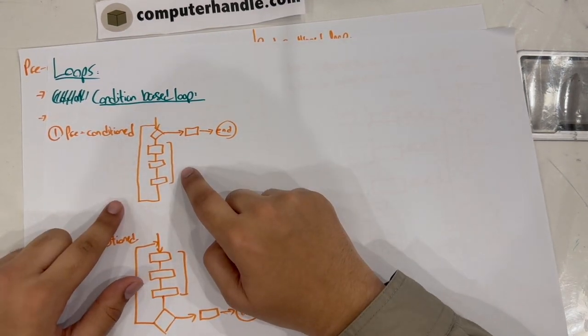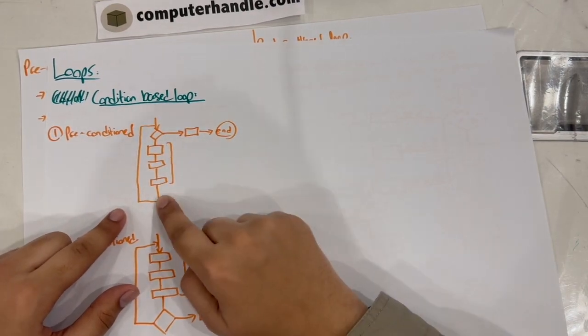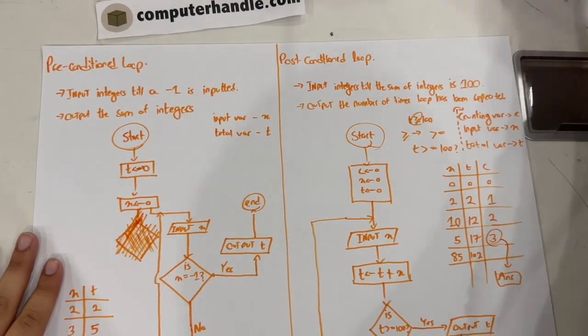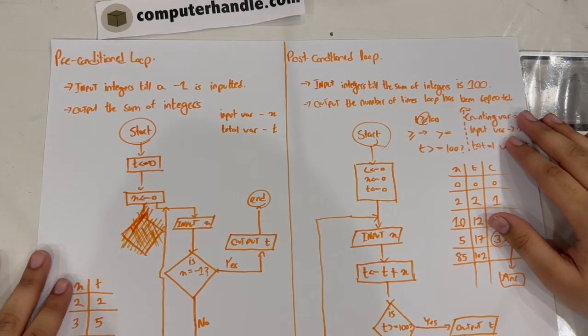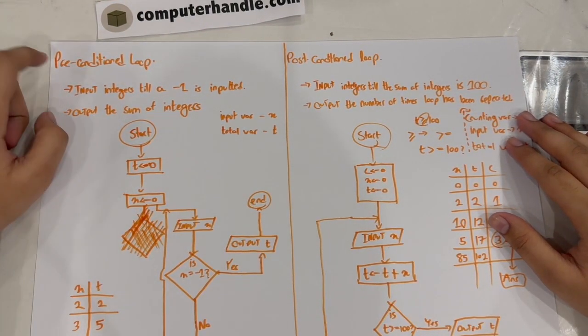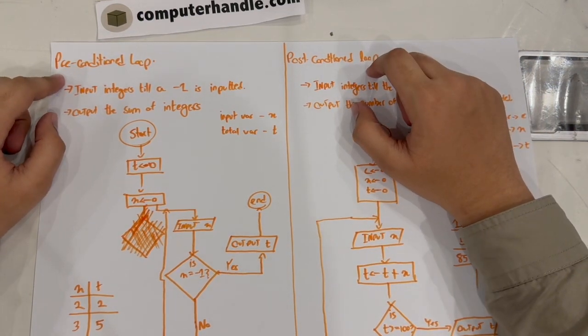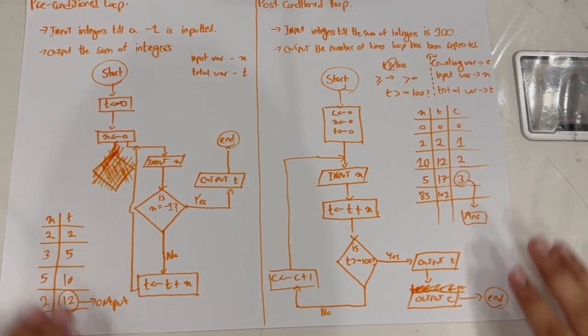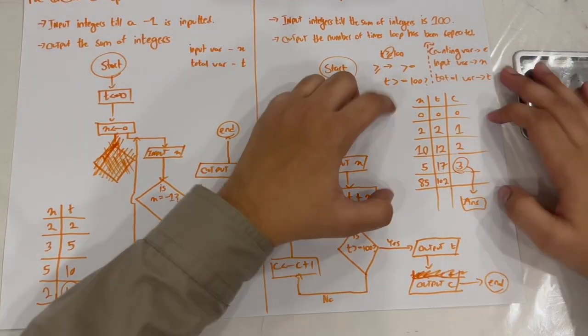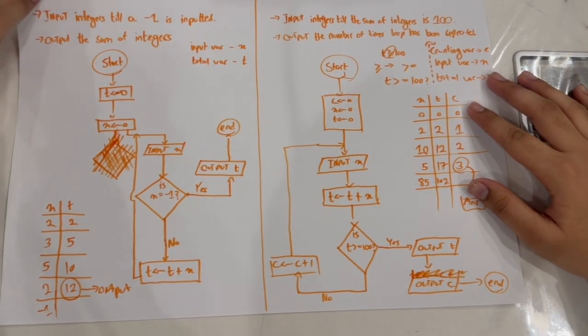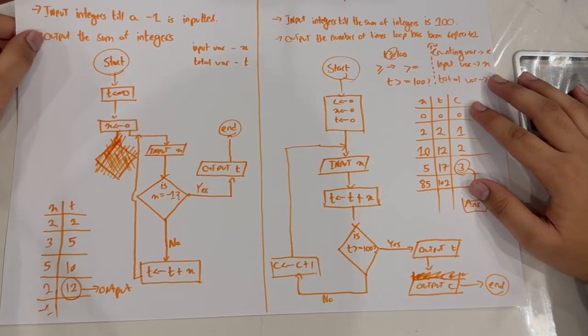Whereas here, if the condition is already true, it won't even repeat once. And we saw that in multiple scenarios, which included an example of a precondition loop and an example of a postcondition loop, and how we used both examples to create a trace table for our sample data. This is what we discussed in the previous lecture.